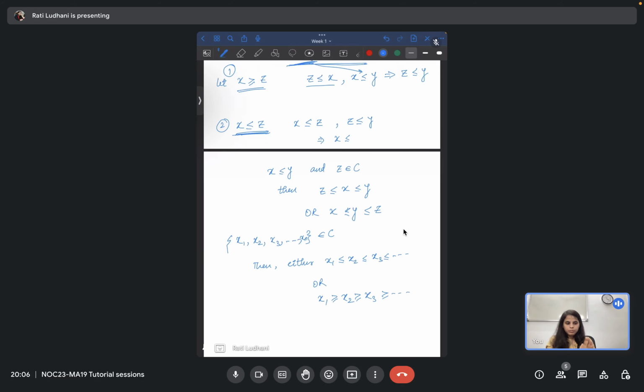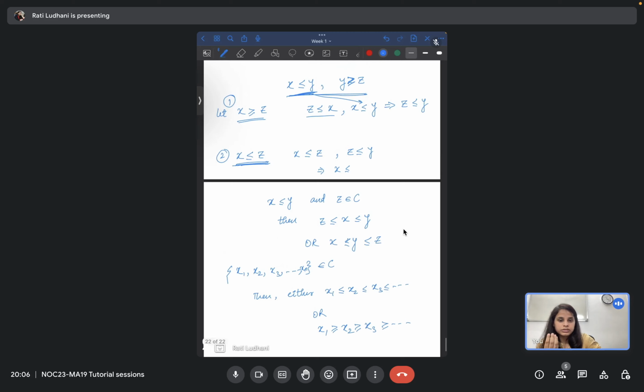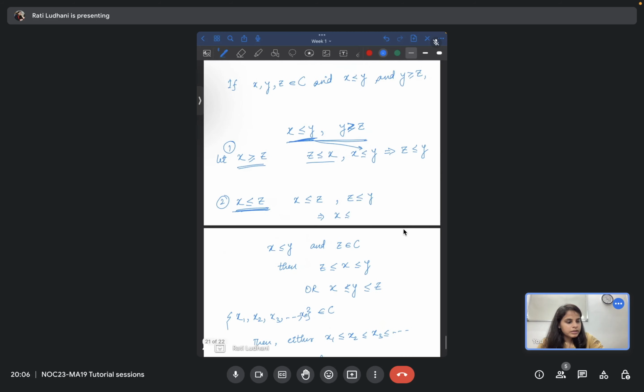That can be proved for sure, because that's why the name comes from, why we call it a chain. So what we have proved here: if x is less than or equal to y, and y is greater than or equal to z, so there it should be here. Both the possibilities are possible basically.